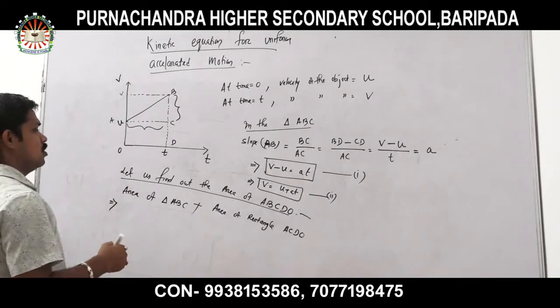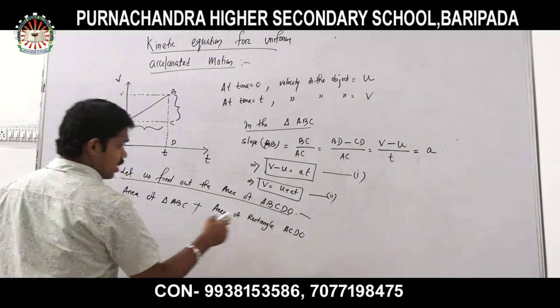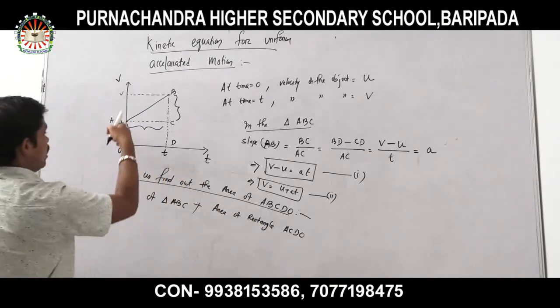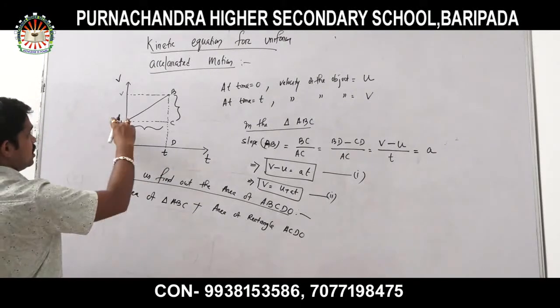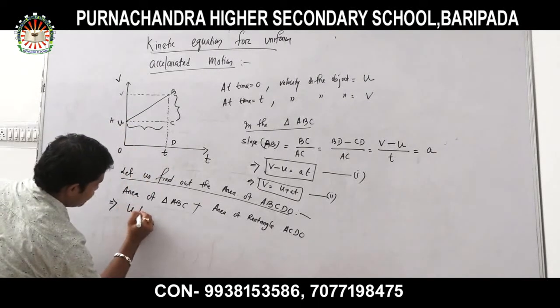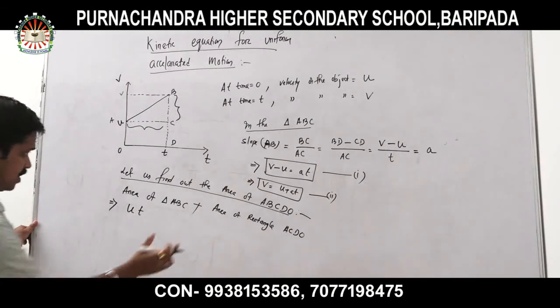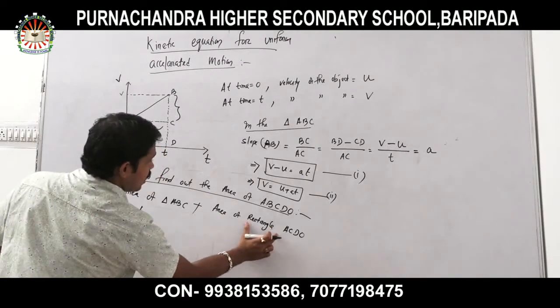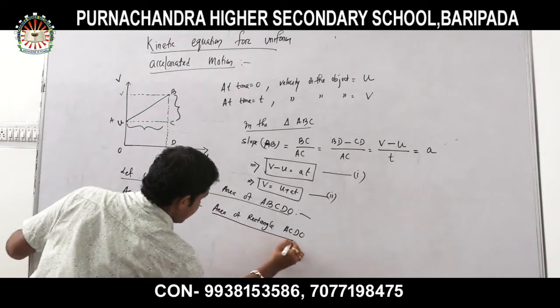First of all, find out the area of ACDO. Now this is U, this is T. So area is UT. Very simple. This is the area of ACDO.